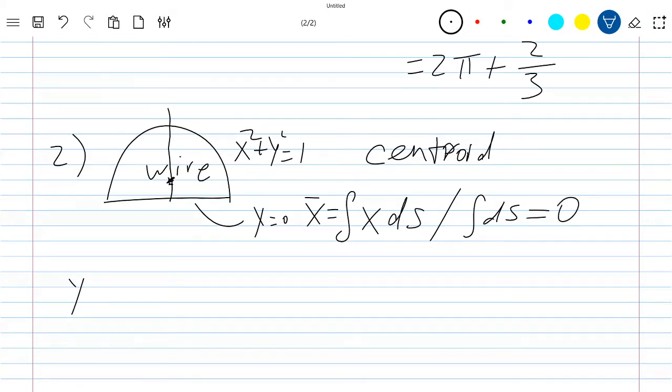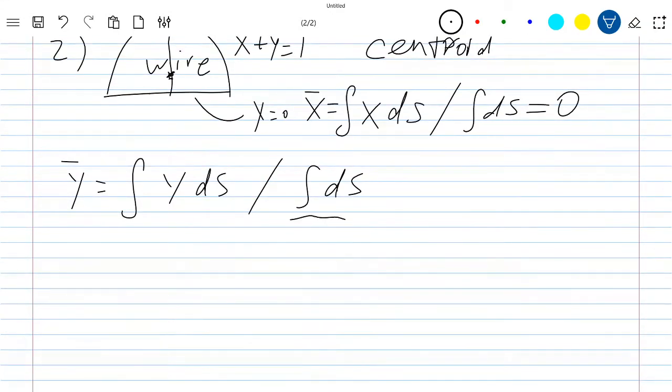Let's find y bar. So you have to integrate y ds divided by the integral of ds. Well, this denominator is particularly easy because it's just the total length. And the total length is the length of the semicircle plus the length of the diameter, which is pi plus 2. Now let's compute the numerator.